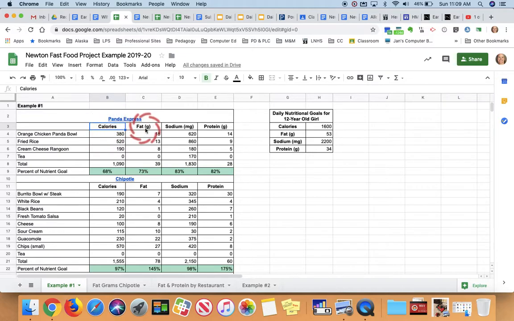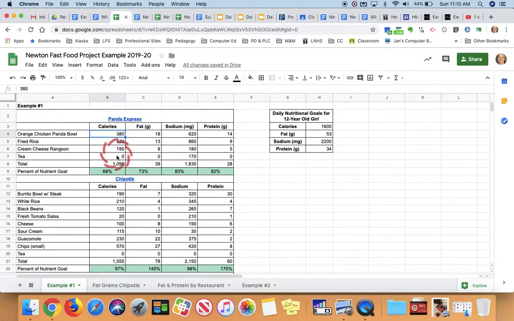So calories, fat, make sure that you have the unit of measure in there, okay? So in parentheses, a small g means grams. Sodium, small mg in parentheses shows that that's the unit of measure. For protein, it is grams as well, so it should look like this.